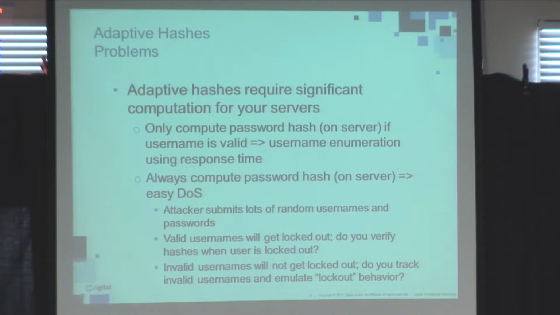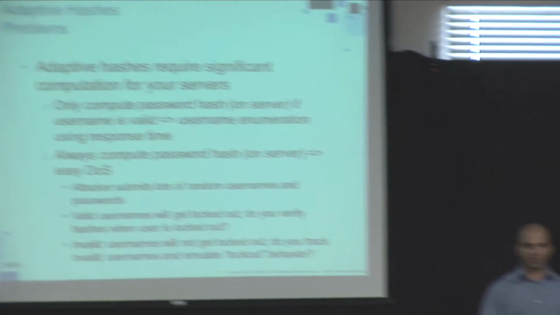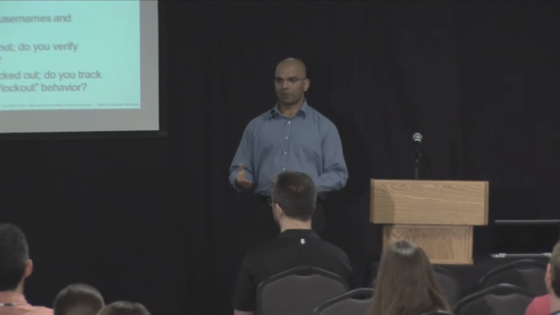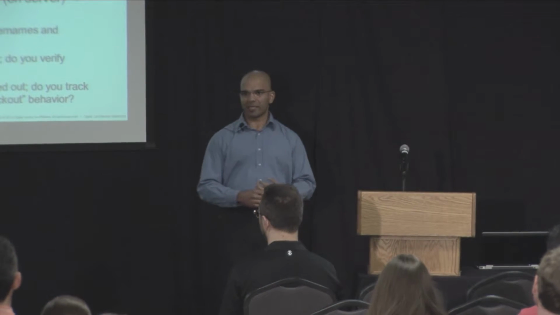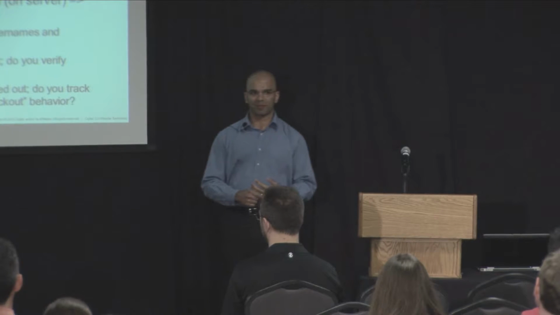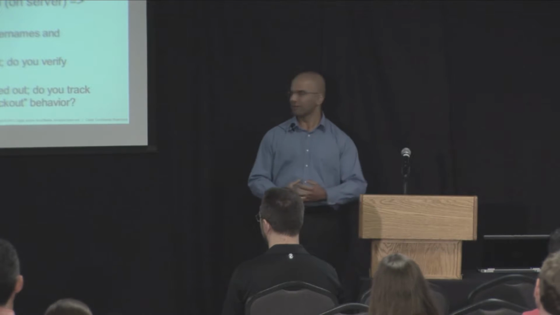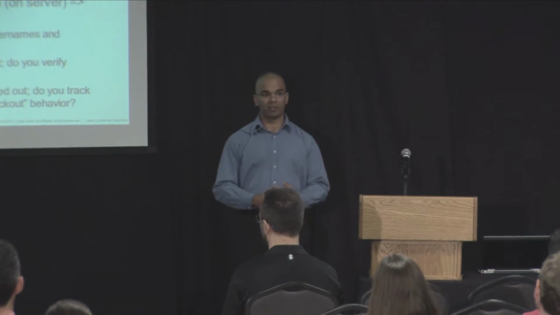Right? So we also have to think about, well, our valid usernames might get locked out, so maybe that somewhat mitigates the attack. But do we verify these hashes when these user accounts get locked out? If we don't, then that's another username enumeration attack.